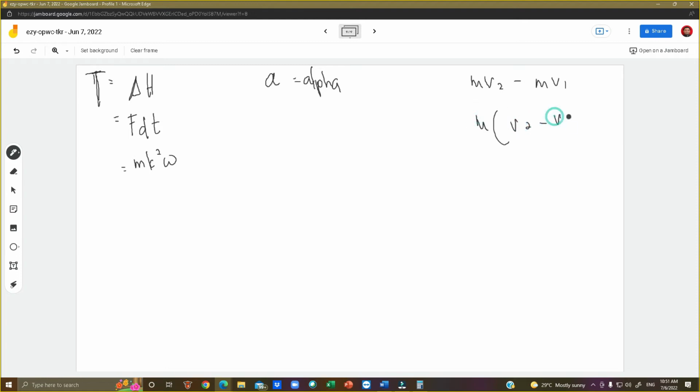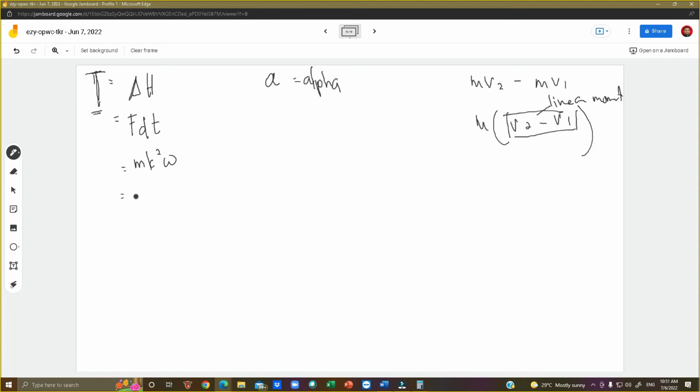Okay. This is actually linear momentum. So, if they ask you about change of acceleration, it is caused by angular impulse.